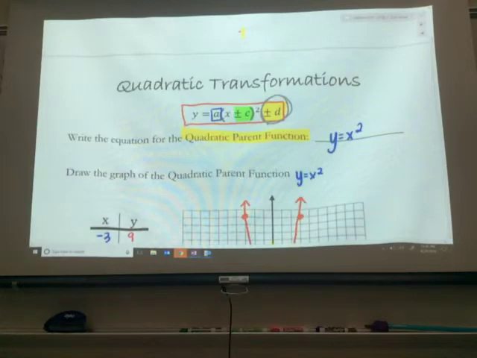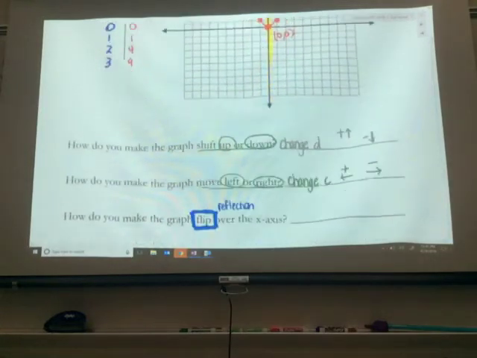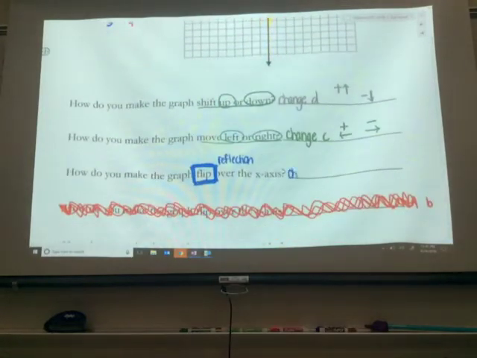The only thing that's in front of our x is an A. So we're going to change A, but flipping means it's either going to go up or down. So if it goes up, it's got to be a positive A. If it's a negative parabola, it's going to go down. So the only thing that flips is the sign of A.